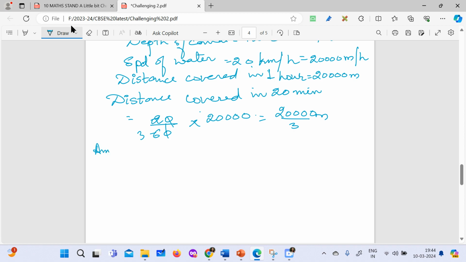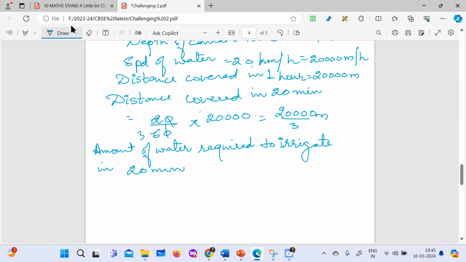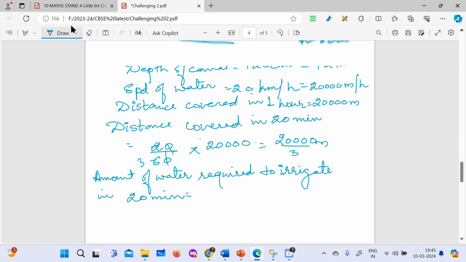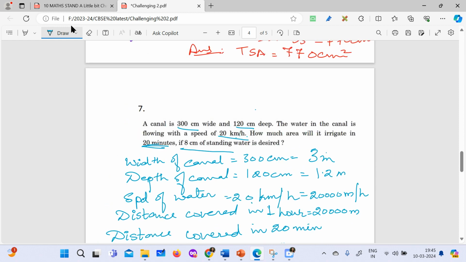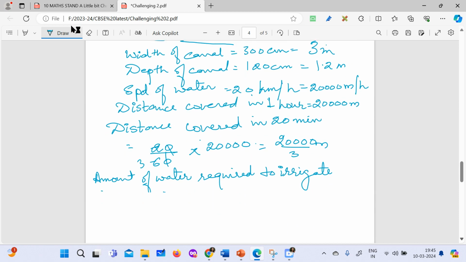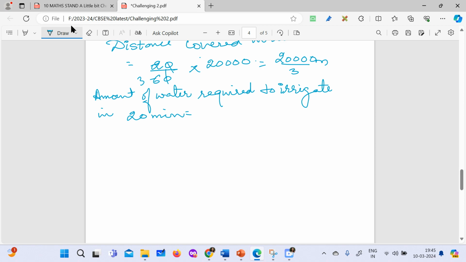Amount of water required to irrigate in 20 minutes will be, okay, here we had 3, this is the width, this is the depth 1.2, and the length will be your distance covered in 20 minutes, 20,000 upon 3 meters.